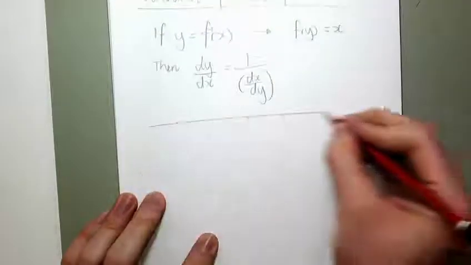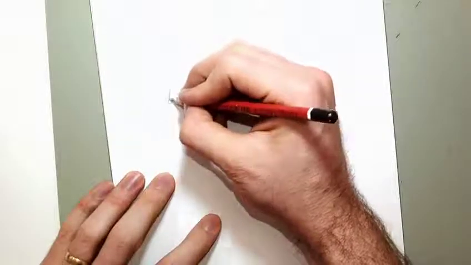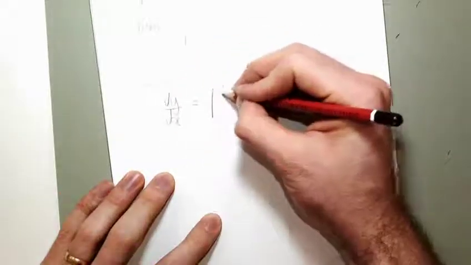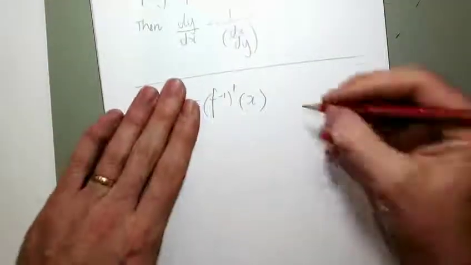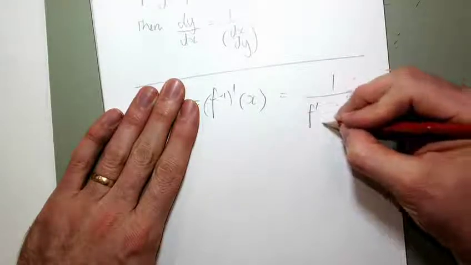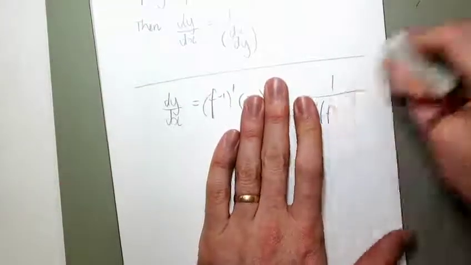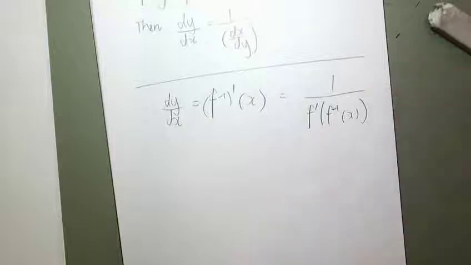Version 2 is that dy on dx, which is equal to f inverse dashed x in Newton's notation, is 1 over f dashed of f inverse. Like that.